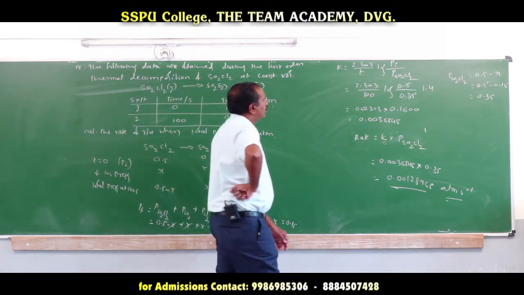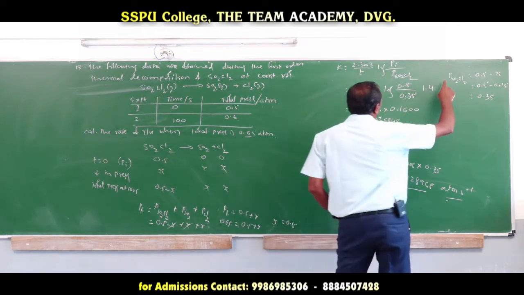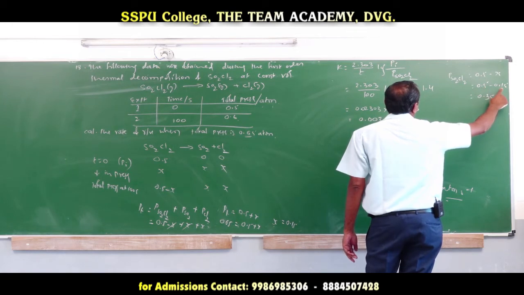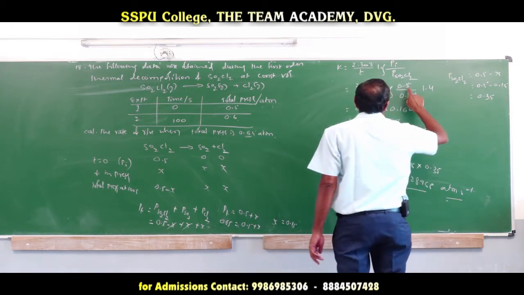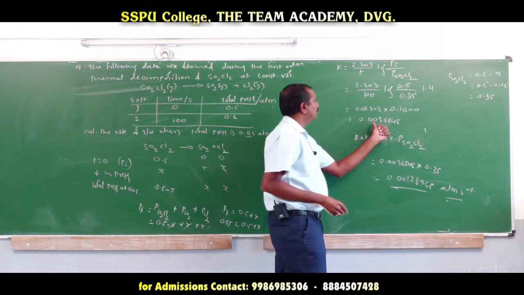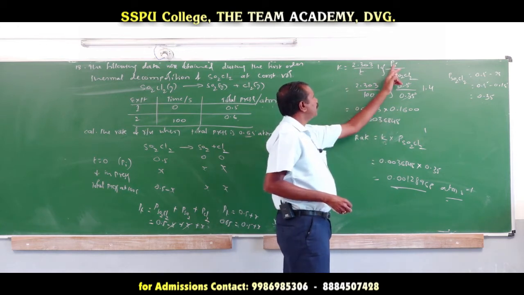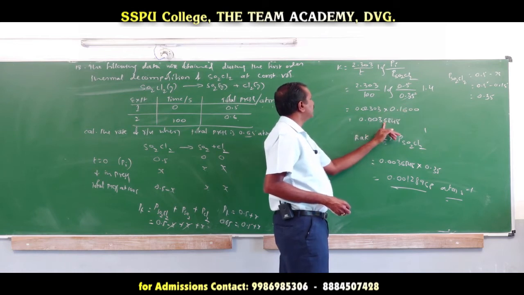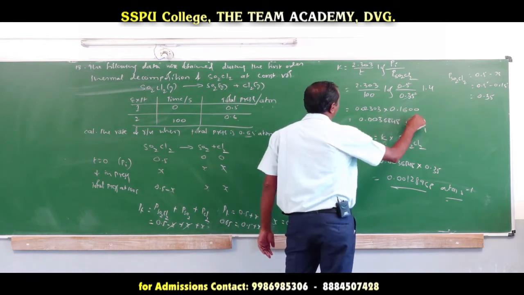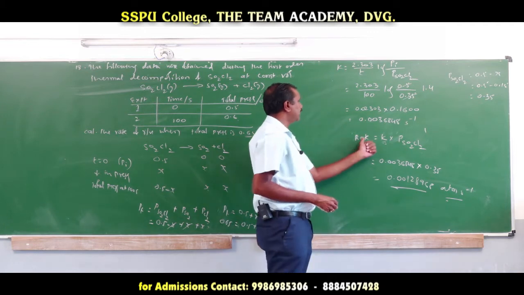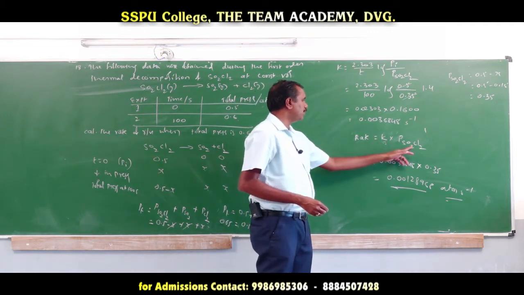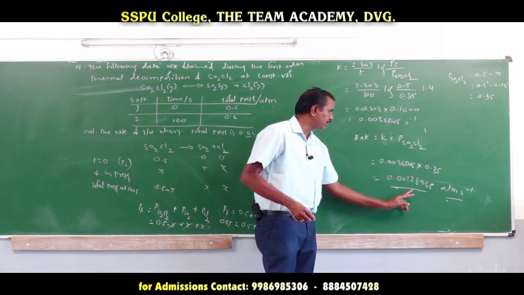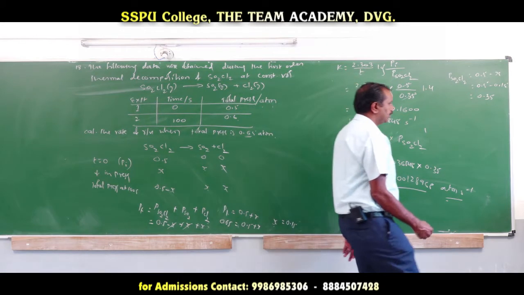So the partial pressure of SO2Cl2 at 100 seconds is 0.5 minus 0.15, that is 0.35. The initial pressure 0.5 divided by the partial pressure 0.35 gives the K value, in per second. Then rate equals K into partial pressure of SO2Cl2. We have the K value and the partial pressure, so finally we can get it.